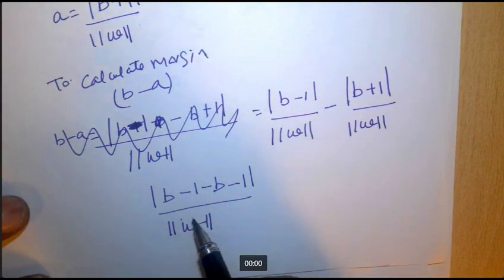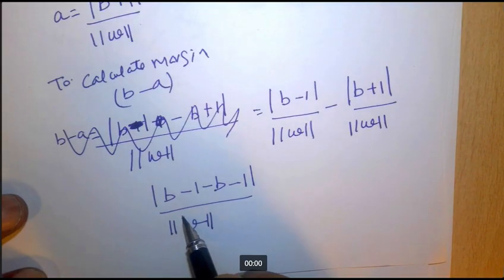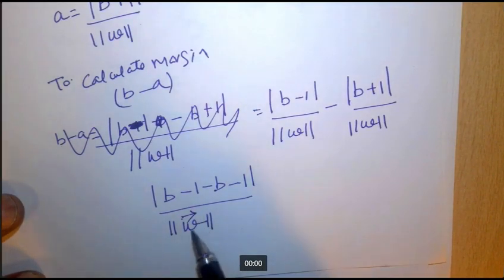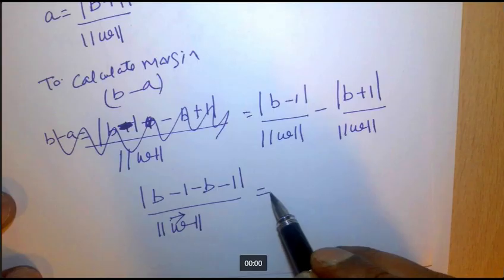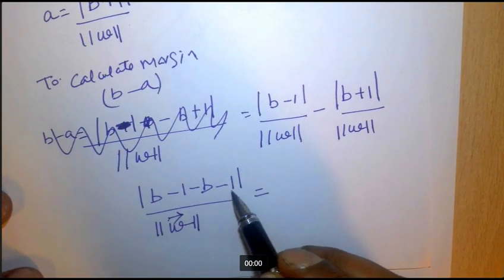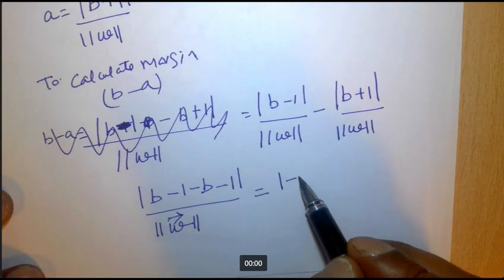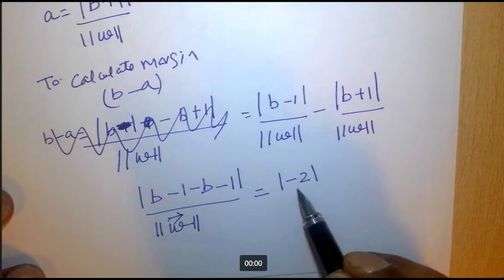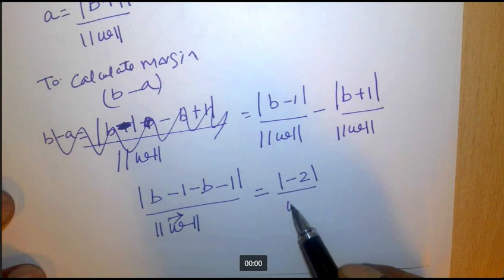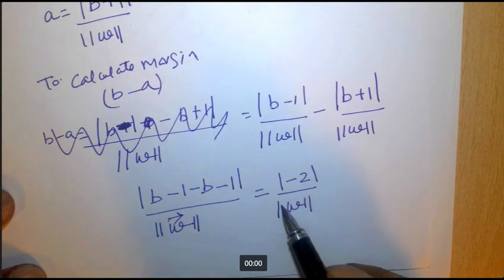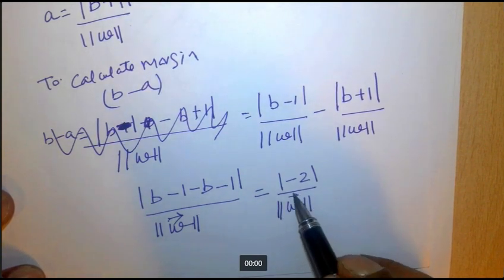If you want, you can put an arrow to say that this is a vector, but for the moment let's put w. So b gets cancelled, so it's minus 2 divided by the norm of w, which is your vector.